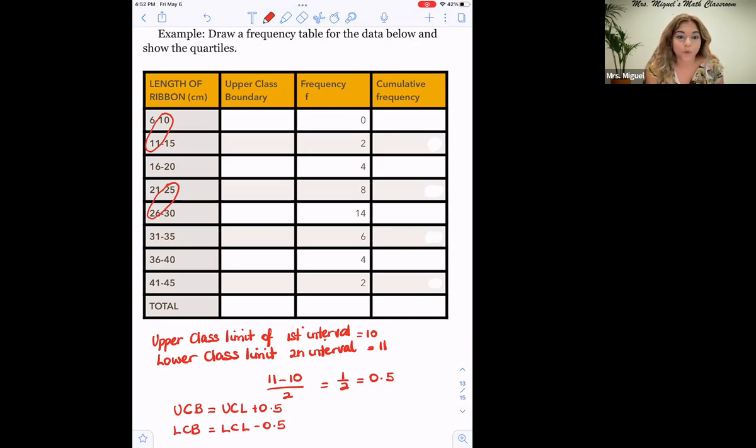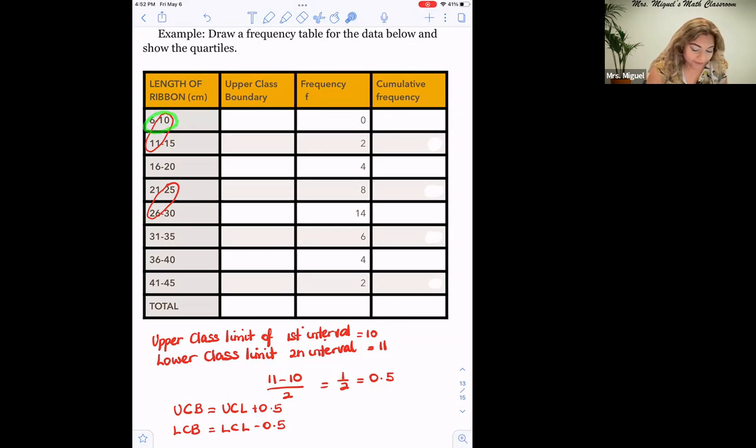It must go together with the other sets of ribbon. So the limits and the boundaries are what we call the ends of the distribution. It means that for a particular length of ribbon, there must be a start and end, so we can include values that are not listed here.